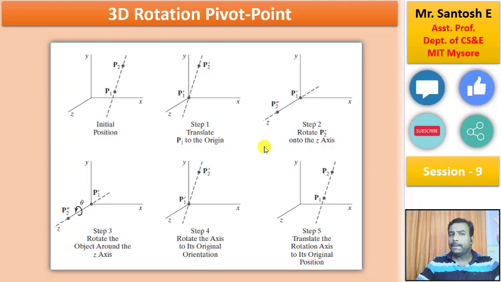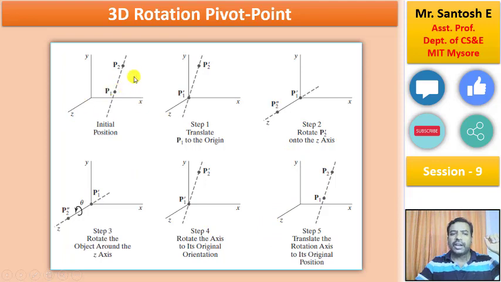But remember, in 2D rotation at the pivot point, it was just a 3-step process: translate the object to the origin at the pivot point, rotate the object at the origin, and retranslate the object to the pivot point. But just look at the 3D rotation at a pivot point. If I follow the same mechanism, this is a 5-step process.